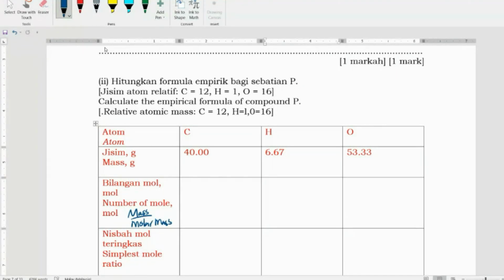Okay, so molar mass for carbon, what is the value? It is 12. Molar mass for hydrogen is 1, the oxygen is 16. So I'd like you to try to find the number of mole for carbon, hydrogen, and oxygen. Use your calculator.